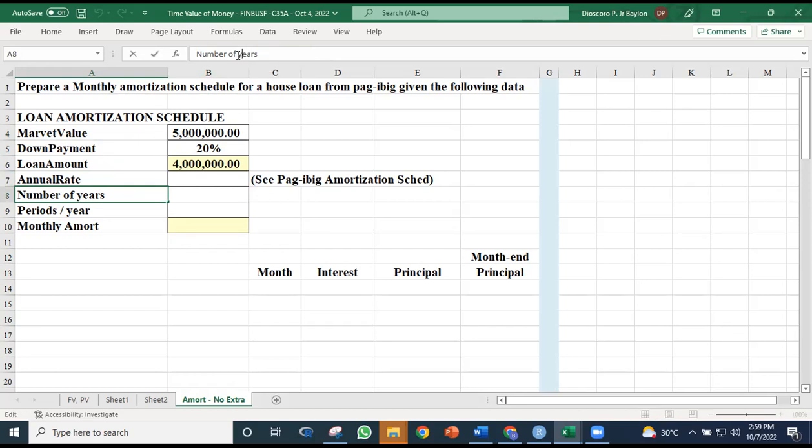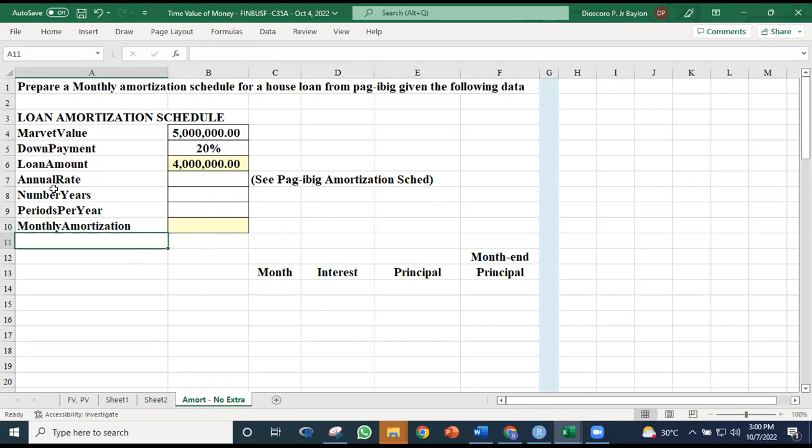And let's call this, shortcut na lang natin pangalan, number years, and then let's not put a space in between para yung pangalan niya wala nang underscore, and periods per year. Then let's call this monthly amortization.